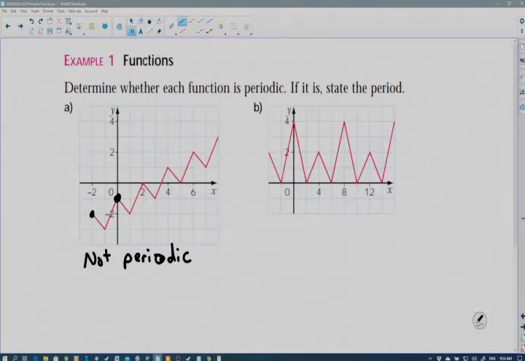Okay? However, if we go over to this graph, is there a point later on the x-axis that is at the same height as this one and in the same phase as this one? And yes, there is right here. Because the graph goes down after the point, the graph goes down after the point. So this distance would be our period.